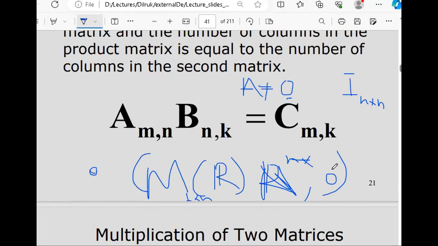No, this is not a group, right? Is this a group? You have learned algebra. Is this a group, matrix multiplication?